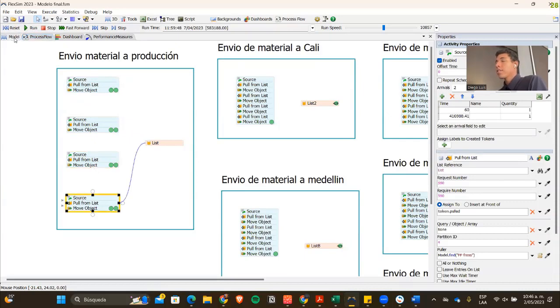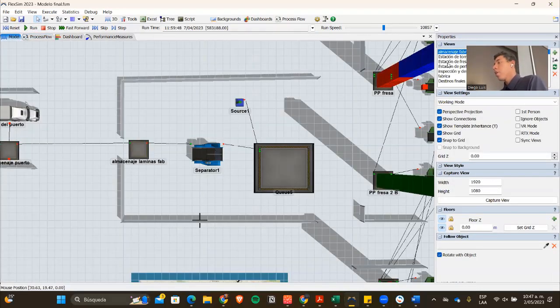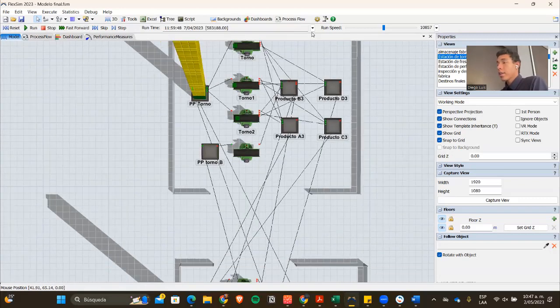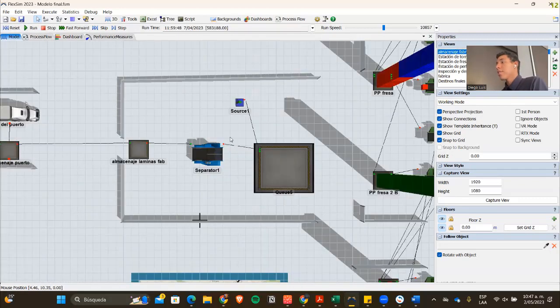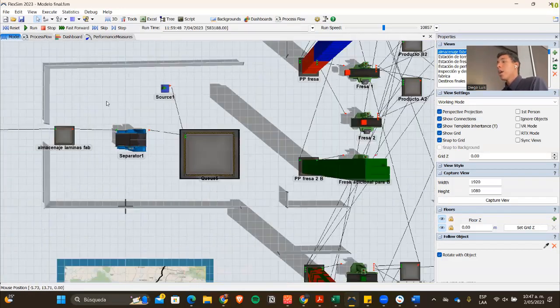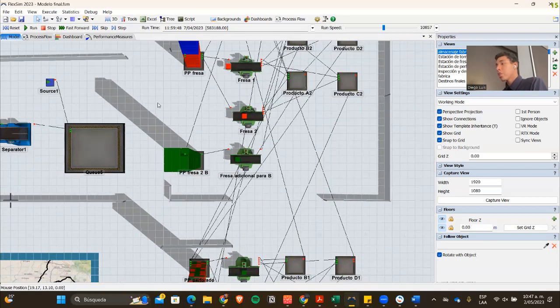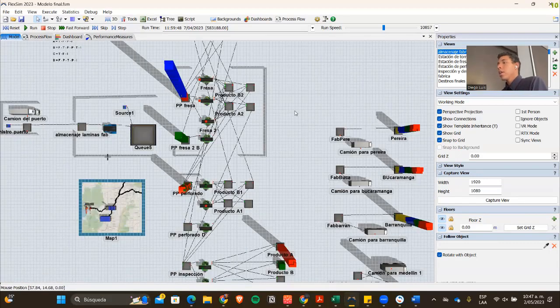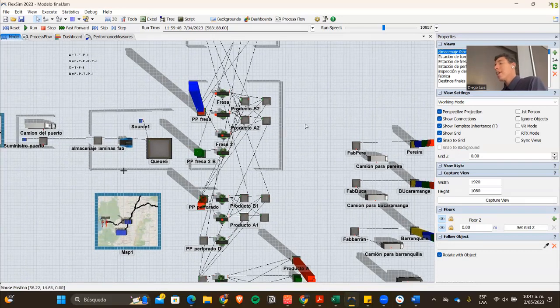Third, we decide the number of machines per station to meet the demand. And finally, we establish the time in which the products arriving from the port must re-enter production, so a cycle is generated to meet the demand every week.